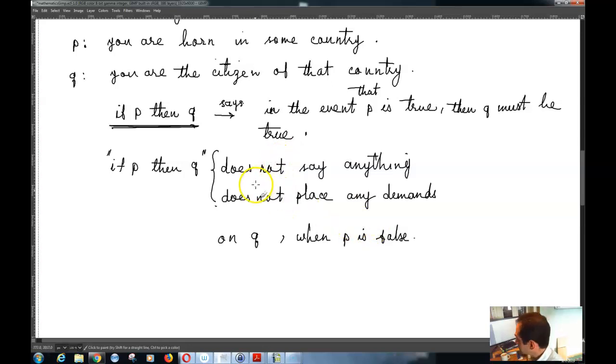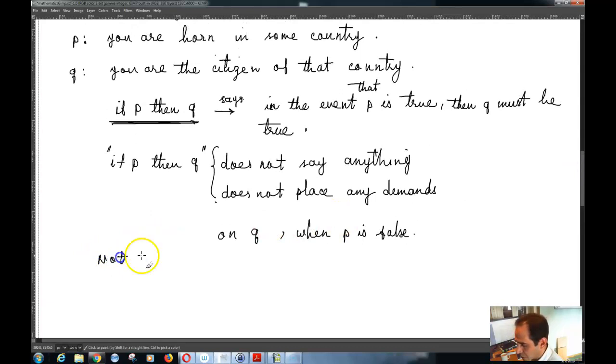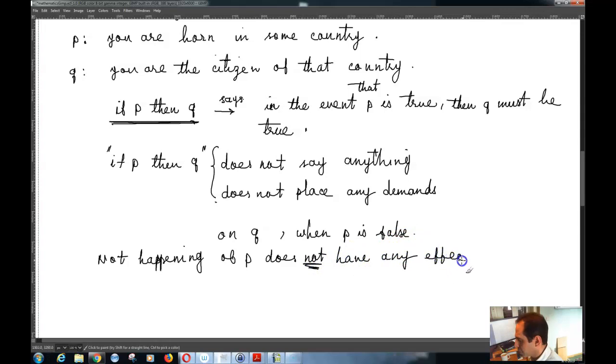To put it in other words, not happening of P has no effect on happening of Q. So you can say that if P does not happen, it doesn't have any effect on happening of Q. So I write this: not happening of P does not have any effect on happening of Q.